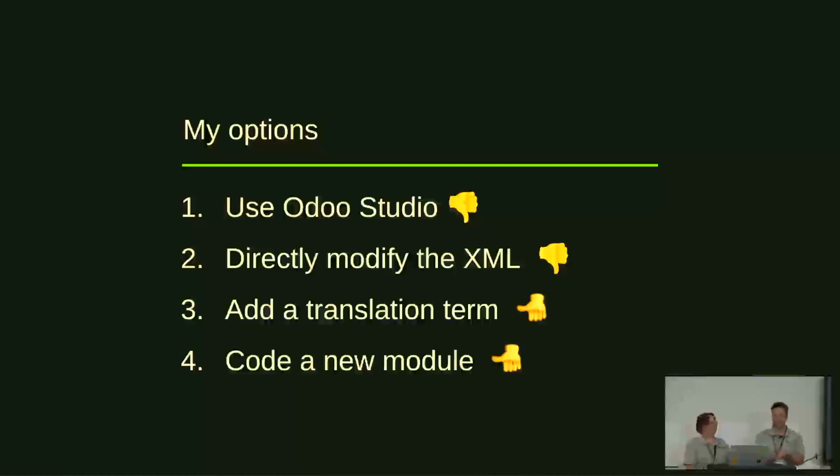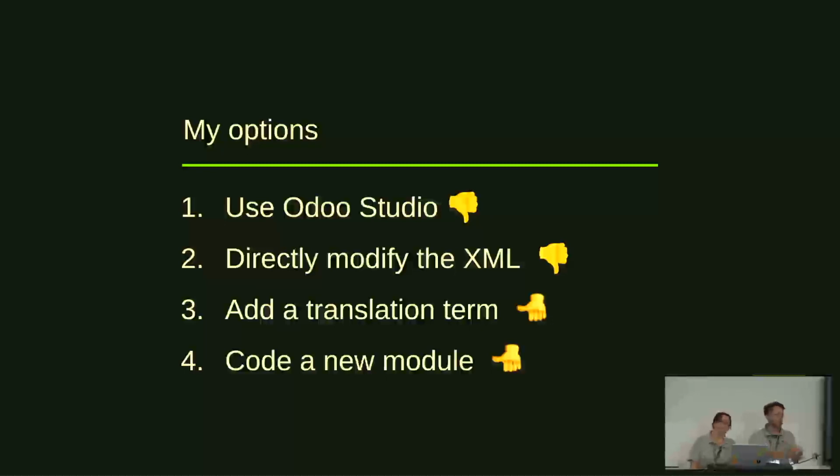So my options, well, you all told them. Use Odoo Studio. We don't like Odoo Studio for obvious and several reasons. We can directly modify the XML, but as someone said, it's not the best way to go because it's not good for maintenance when you update, and it's a bit of an ugly way to go.